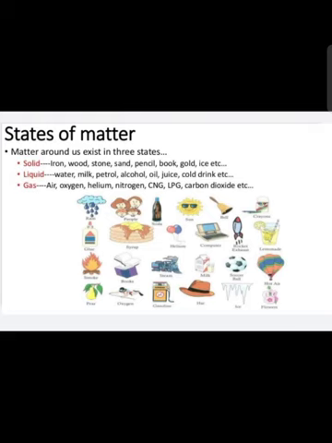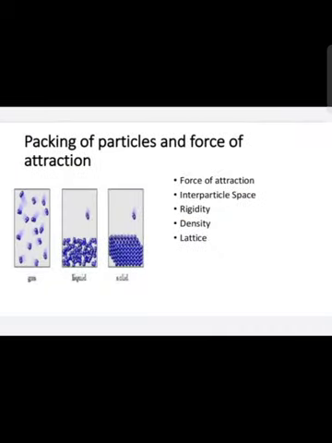Water, milk, petrol, alcohol, oil, juice, cold drink, etc. are included in the liquid state. Air, oxygen, helium, nitrogen, CNG, which is compressed natural gas, LPG, liquefied petroleum gas, and carbon dioxide, etc. are included in the gaseous state. You can also add more examples if you want to.